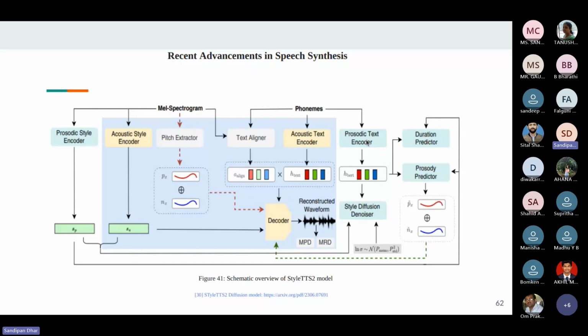Once we train that, we also train the other models based on the speakers we are considering. The other models have a prosodic style encoder, an acoustic style encoder, and based on that, the aligner will work. I skipped the alignment method in my earlier slide. Alignment is very crucial here in TTS.